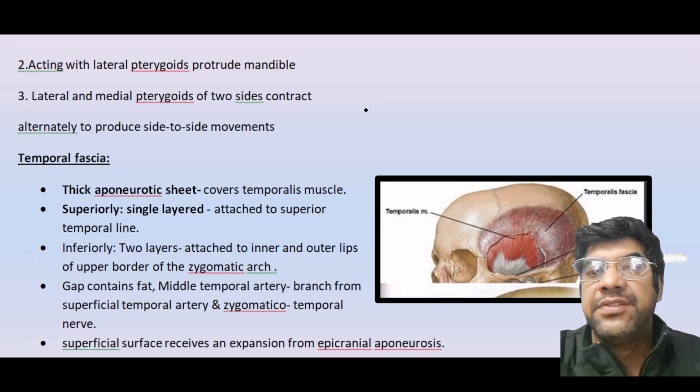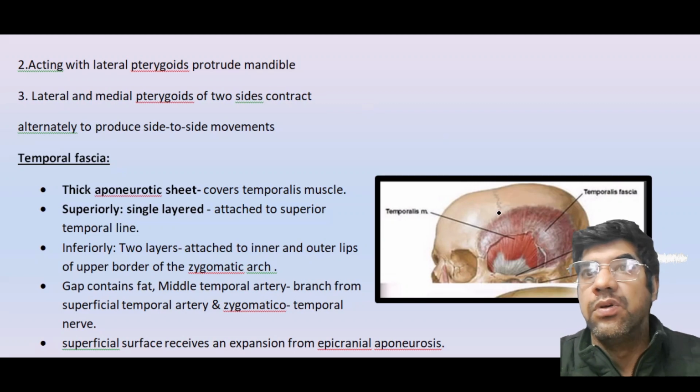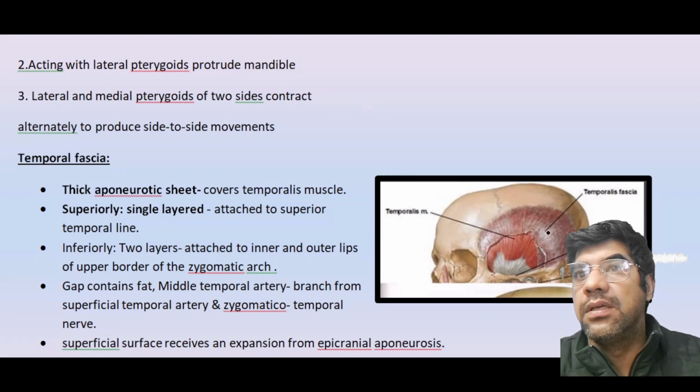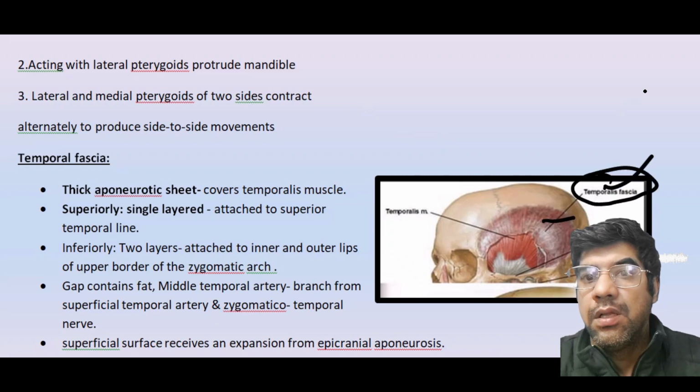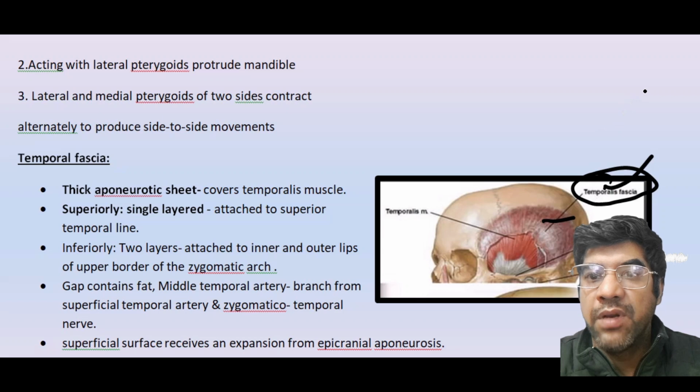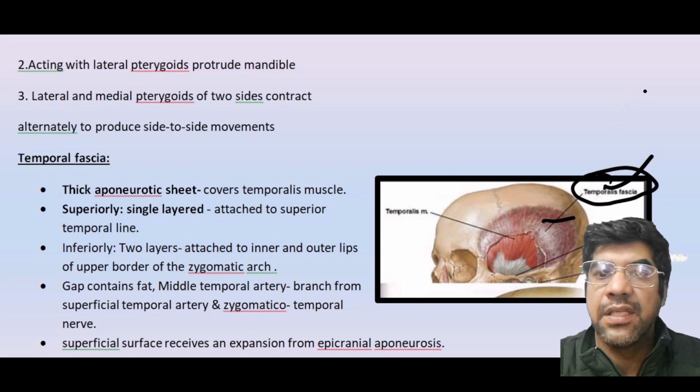Coming to next is the temporal fascia. So this part is the temporalis fascia. The temporal fascia is a significant structure that plays an important role in supporting and covering the temporal region.